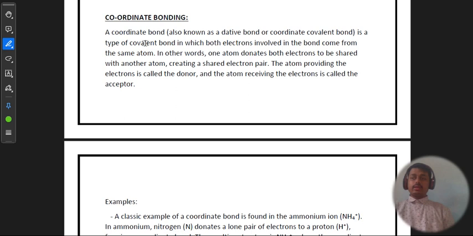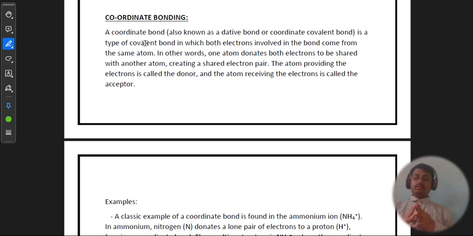For example, in the SO2 molecule, sulfur has 6 electrons in the valence shell, and after forming one sigma bond and one pi bond with one oxygen, there will be 4 electrons left in the outermost shell of sulfur.